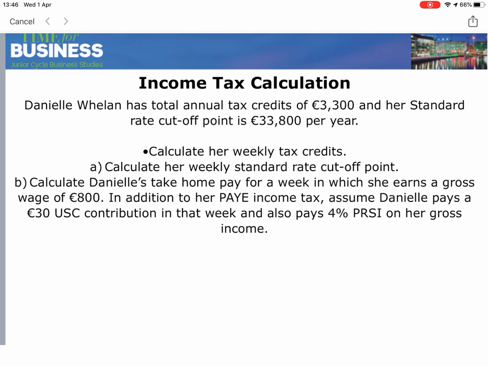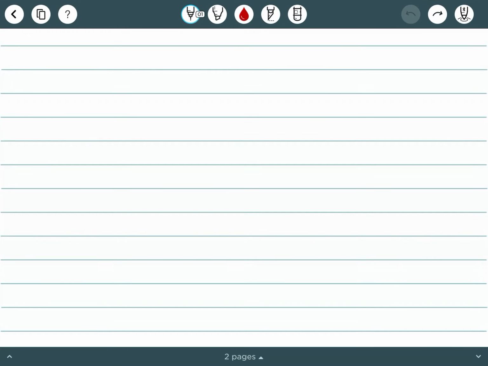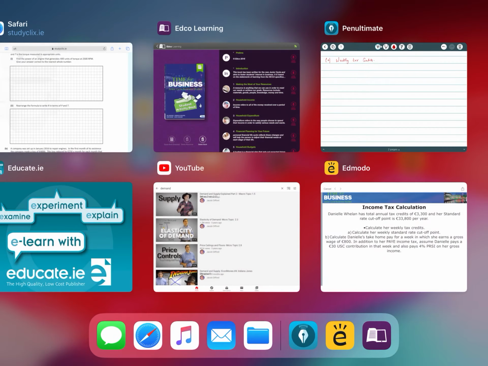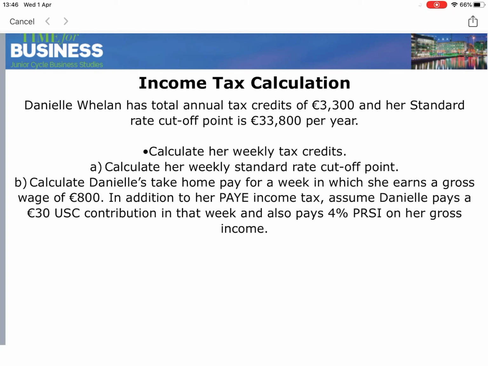So if you want to calculate her weekly tax credits, all you've got to do is look at the tax credit, which is 3,300. What we'll do is we look here, you see the tax credits for the year.